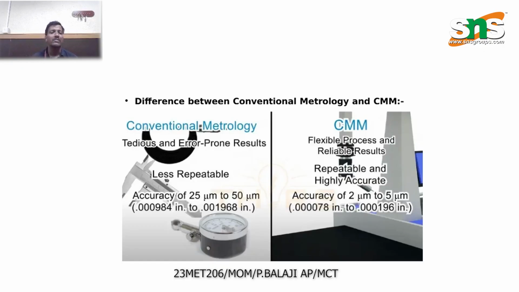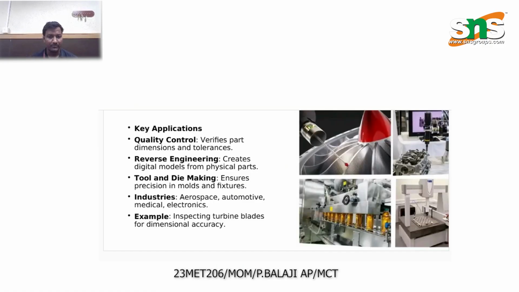The accuracy is about 25 micrometers to 50 micrometers. But the CMM gives a flexible process and reliable results: repeatable, highly accurate data, with accuracy of about 2 micrometers to 5 micrometers.